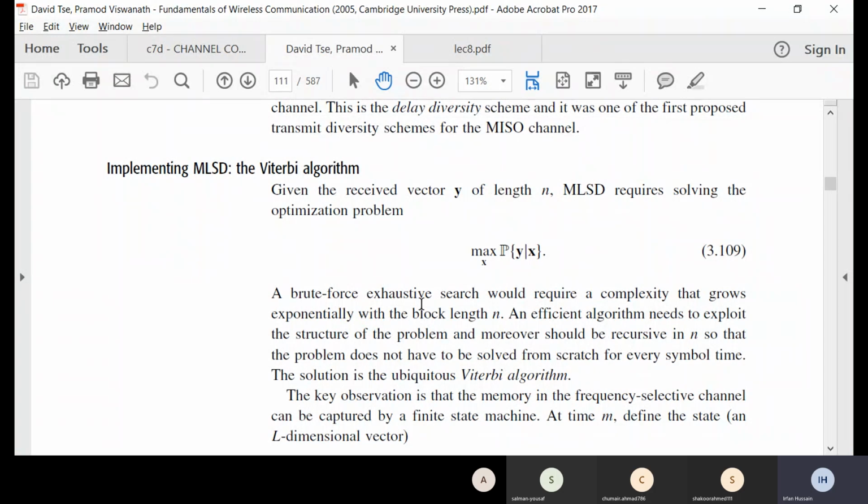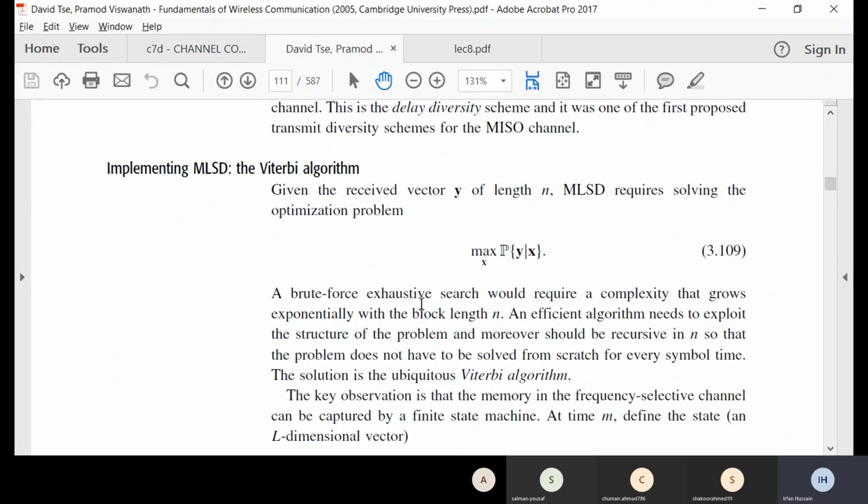How does sequence detection work, especially the very famous Viterbi algorithm? So we can go to any undergraduate book and just learn the basics so that we understand why this Viterbi algorithm is the optimum solution for communication in almost every type of ISI channel.